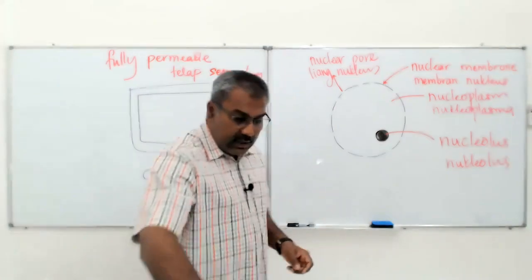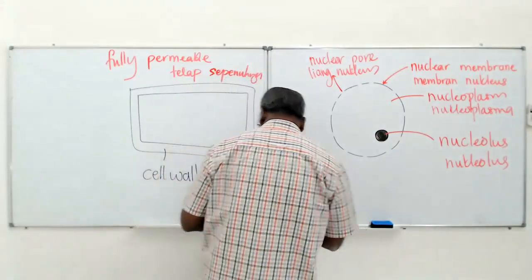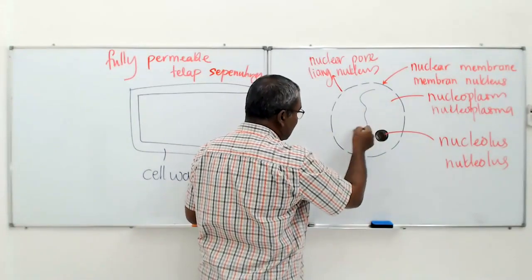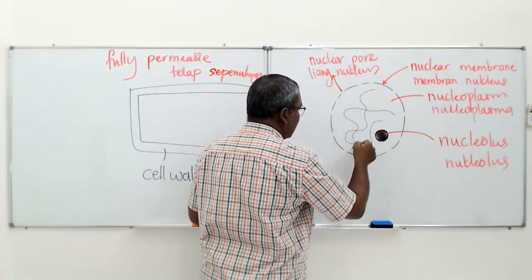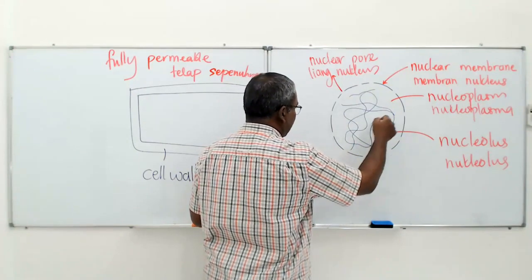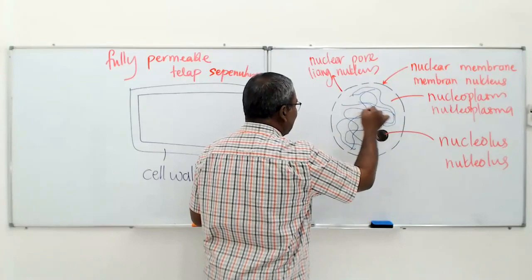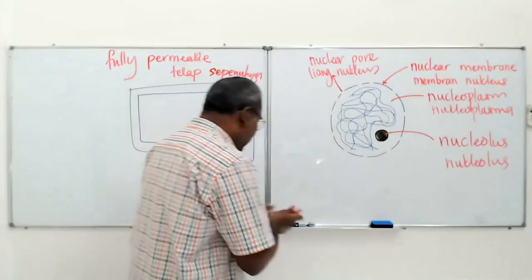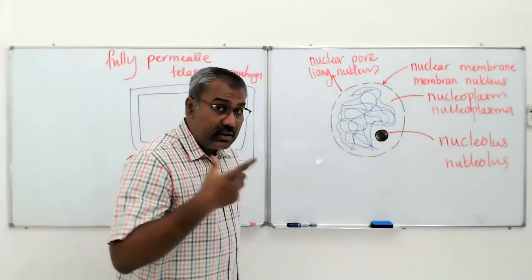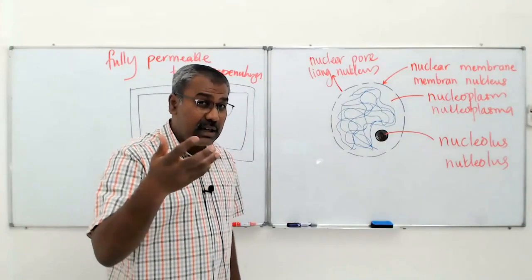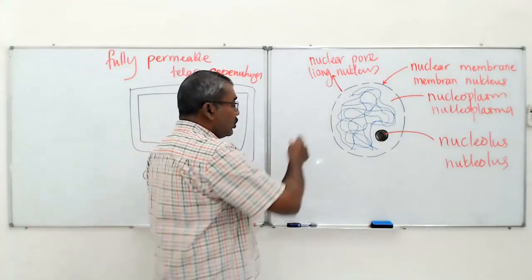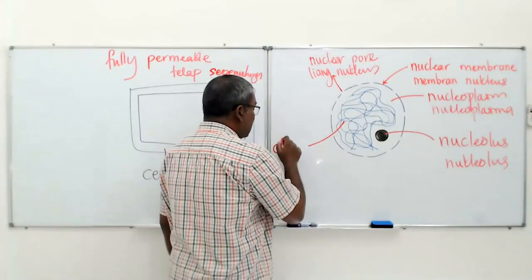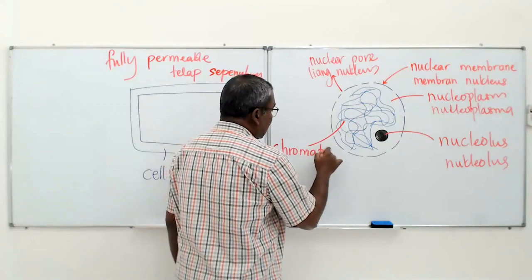Then another one thing, as you can see in your note, dalam nucleus ada struktur macam benang, a thread-like structure. Thread means benang. Struktur seperti benang ini, kalau kamu lihat nota kamu, dilabel sebagai kromatin.